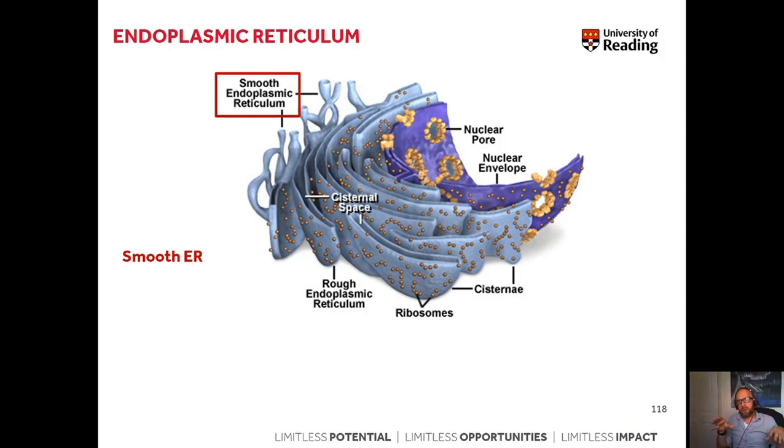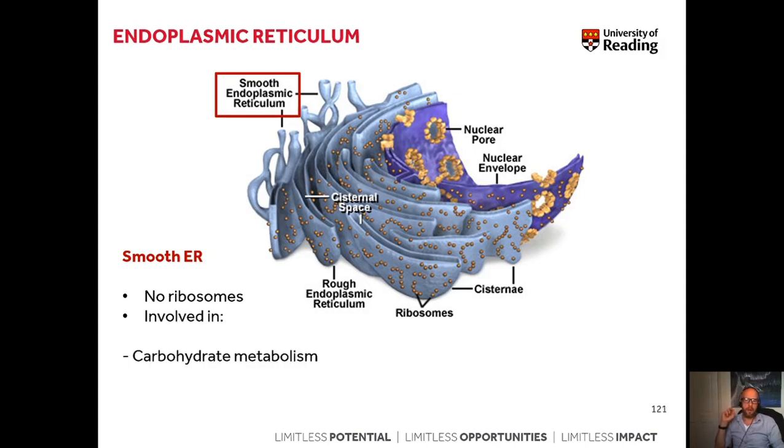The endoplasmic reticulum, however, also has a second form, namely the smooth endoplasmic reticulum. There are no ribosomes involved, and the function of those smooth endoplasmic reticulum membranes is carbohydrate metabolism, and also to a certain degree drug metabolism. So they are not necessarily that unimportant.